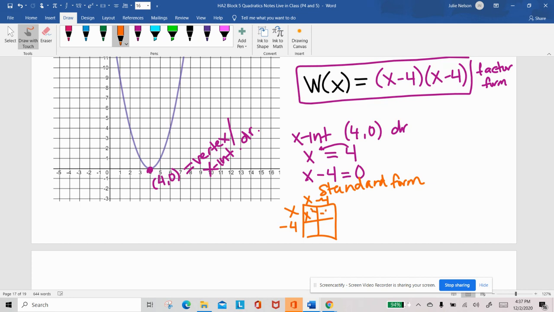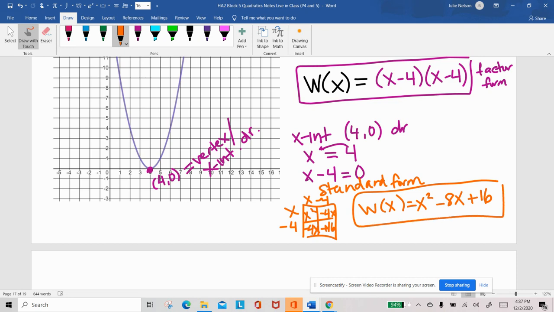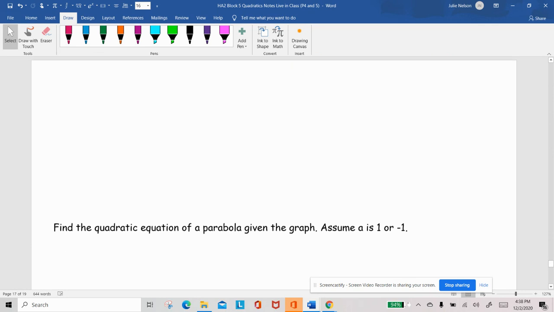It'd be x squared minus 4x minus 4x plus 16. When I combine like terms, it'd be x squared minus 8x plus 16. So this is what it would look like in standard form. One more problem just to make sure you got it.